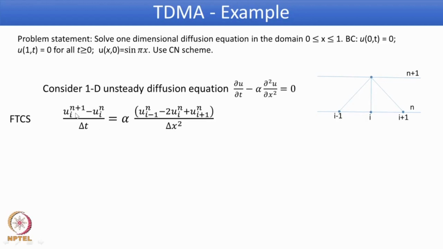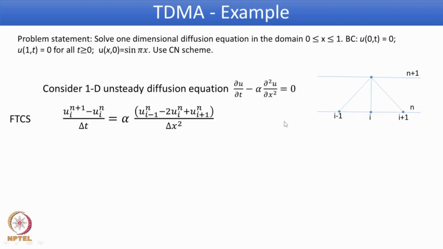The current value to be determined is given in the superscript n plus 1, and that is the only quantity appearing in the entire equation, remaining all from the previous time level. And in terms of schematic, that is shown here. So, the value required at the n plus 1 level is determined from values already found at the nth level.